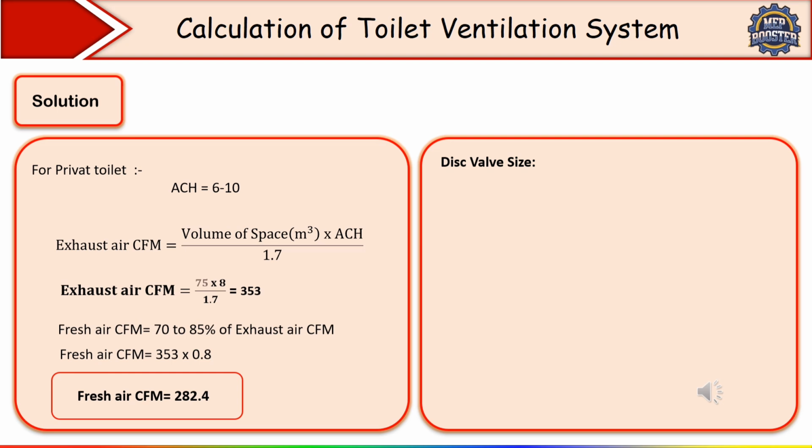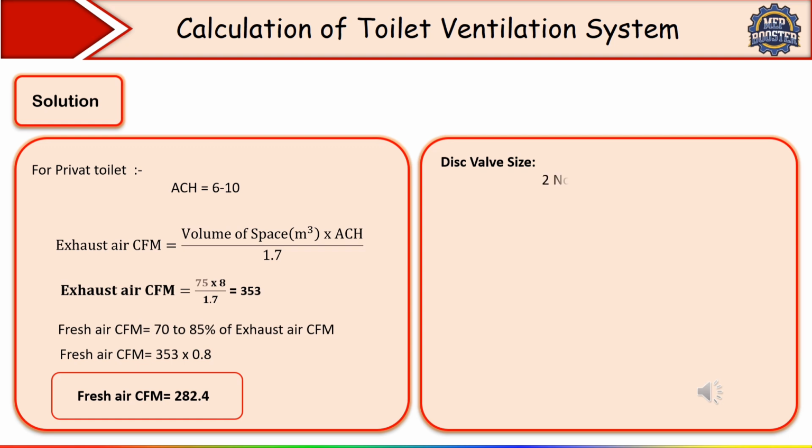With a 6-inch disc valve you can extract 100 to 180 CFM from this space. And if you are using an 8-inch dia disc valve, with that you can extract 180 to a maximum of 240 CFM with one disc valve.